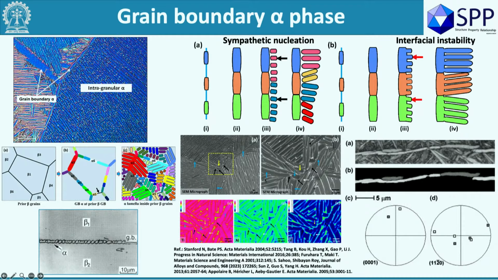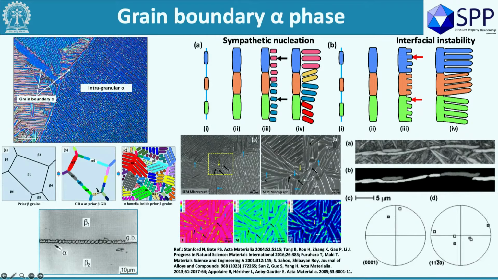This is just in simple thermal cycling. I am not even going to thermomechanical processing. With thermomechanical processing, when you apply some strain, it becomes even messier. Just a simple thermal process and you have such a complex process of microstructure development, rather microtexture development. Fine?